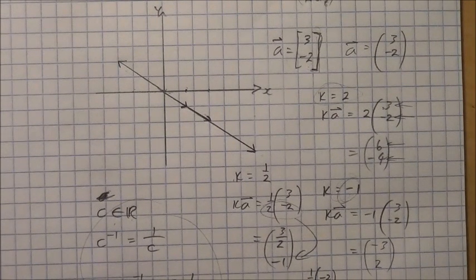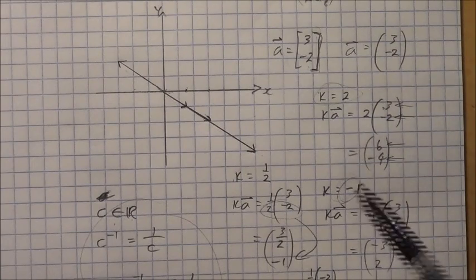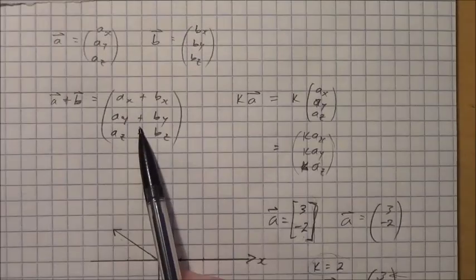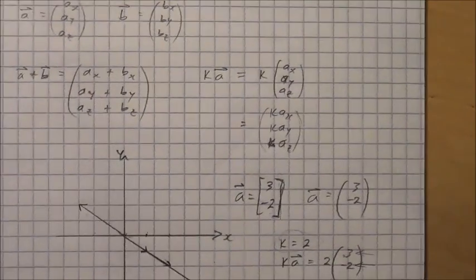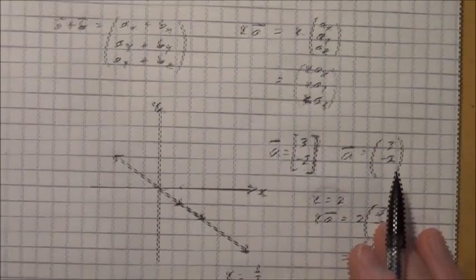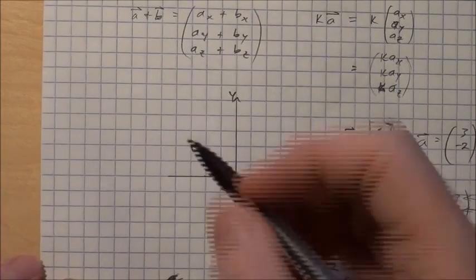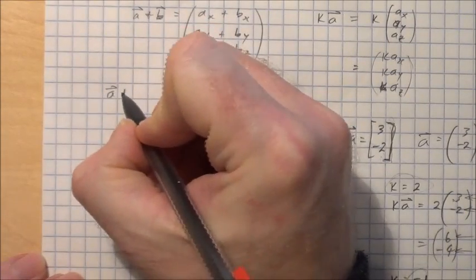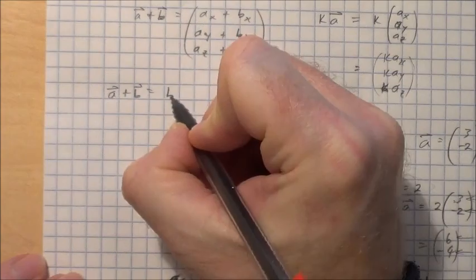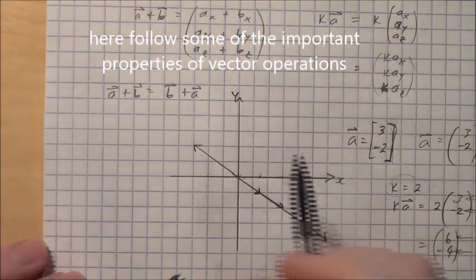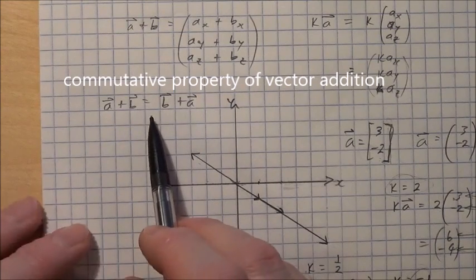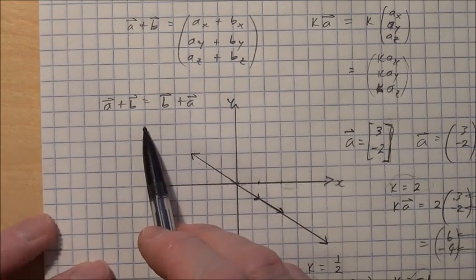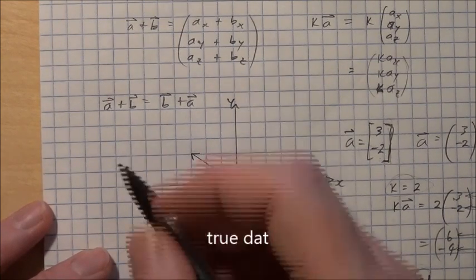So that's about the majority of what we're going to be doing with vectors. We're going to add, we're going to subtract, we're going to multiply by scalars. And so we'll find that vector addition is commutative, so we can add vectors in any order that we like, which I think we've already seen with the triangle and parallelogram law of vector addition.